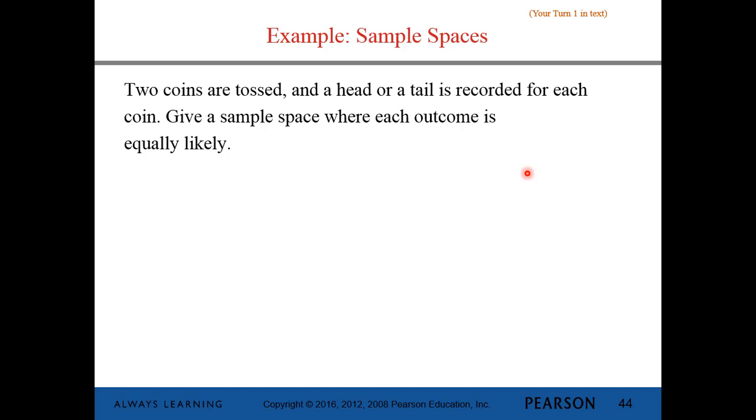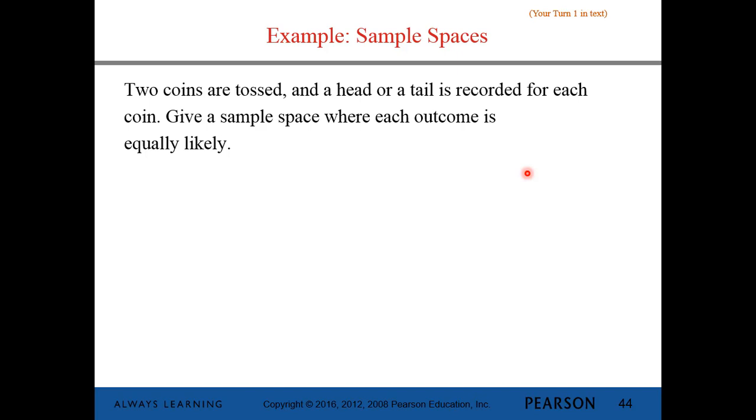So in this case, we're flipping 2 coins, and we could get a heads or tails on each coin. So what could be a sample space, the sample space being the set of all possible outcomes? The easiest one is just to record what you get on the first coin and what you get on the second coin. So you could get heads, heads. You could get heads, tails. You could get tails, heads, or you could get tails, tails.